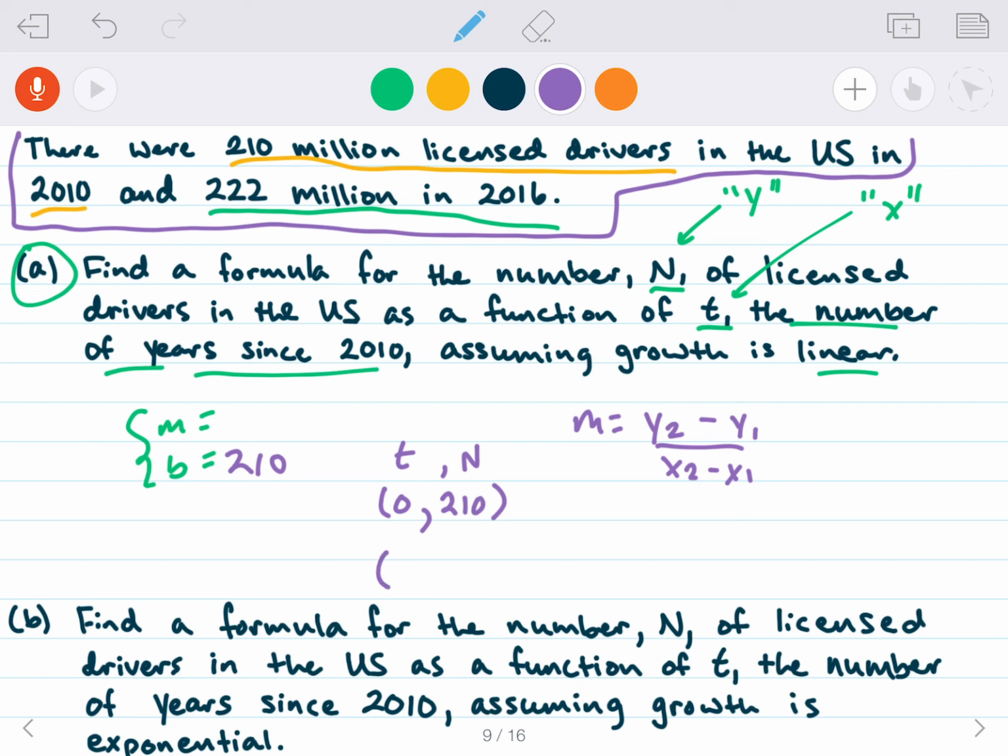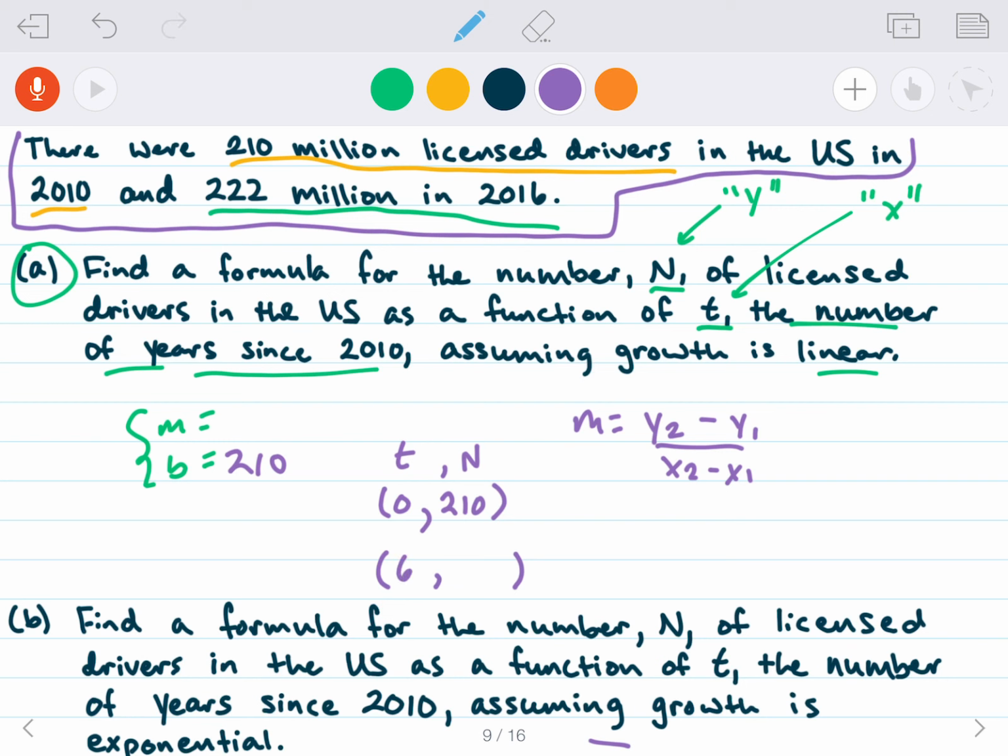Another point that we have corresponds to 222 million in the year 2016. Now remember, our t isn't going to be 2016. Our t is going to be the time passed between 2010 and 2016. The difference between those 2 years is 6.